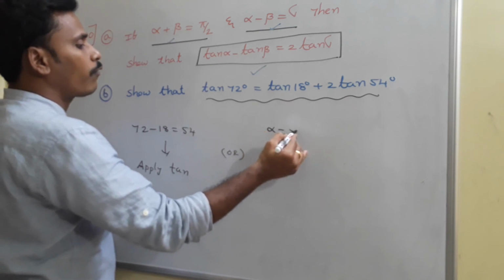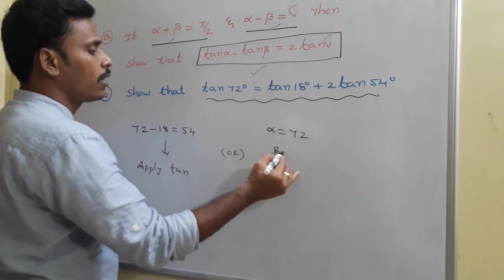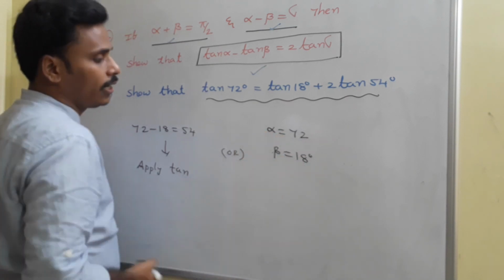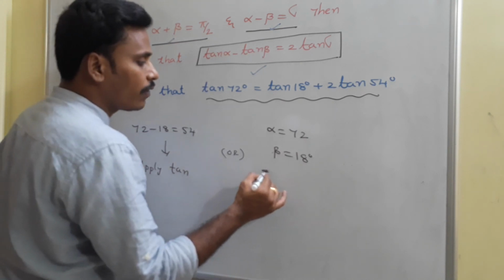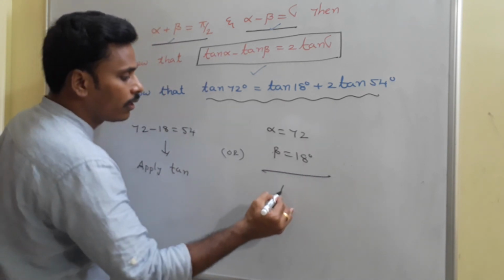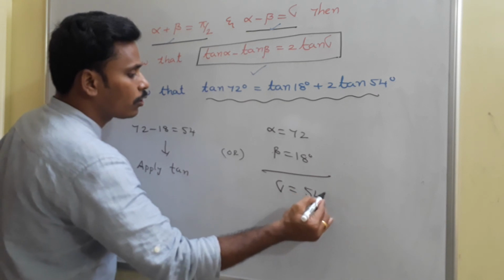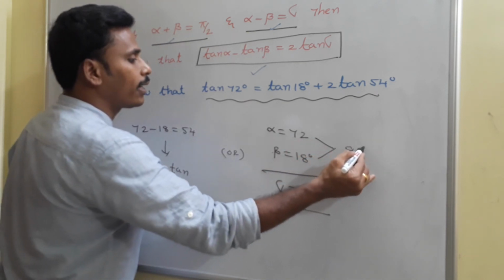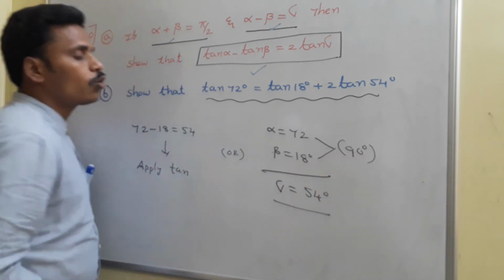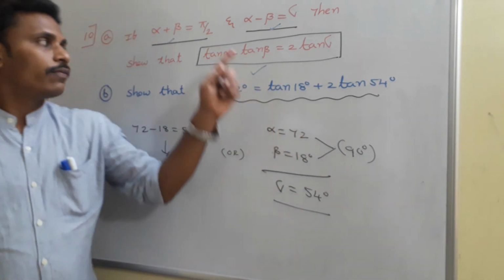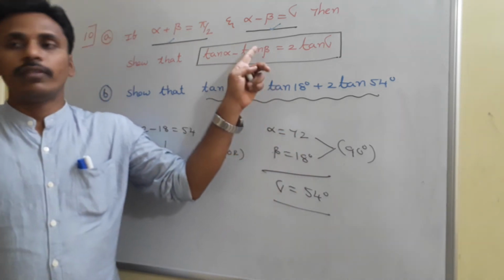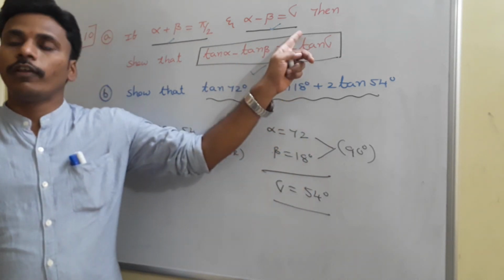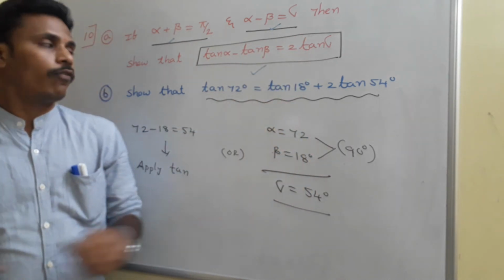From there, alpha is equals to 72 degrees. Take beta is equals to 18 degrees. See, if alpha is 72 and beta is equals to 18, then what do you say about gamma, which is equals to 54 degrees. And the sum of alpha and beta is directly 90 degrees only, right? So if you replace alpha with 72, beta with 18, gamma with 54, there ends the proof.